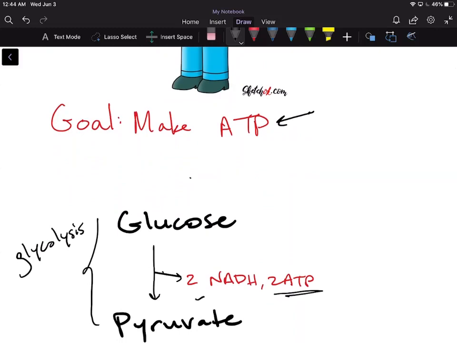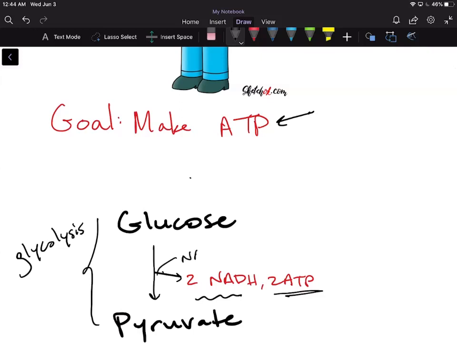We're also making 2 NADH molecules, which are our electron carriers, right? As we're oxidizing the carbons in glucose, we're going to be storing some of those electrons. Remember, oxidation is loss of electrons. We're going to be storing some of those electrons from NAD plus.